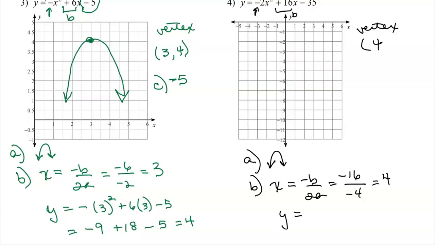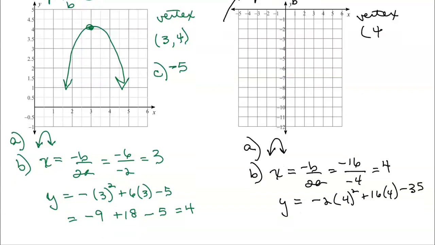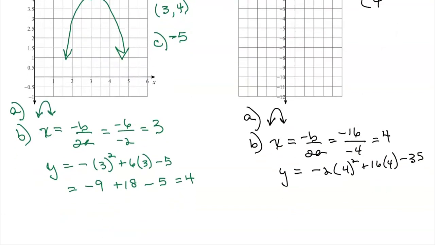Y, follow this equation right here. It's negative 2 times 4 squared plus 16 times 4 minus 35. Okay, we're getting some big numbers here. So 4 squared is 16. Negative 2 times 16 is negative 32.